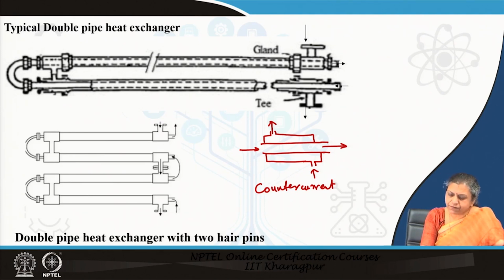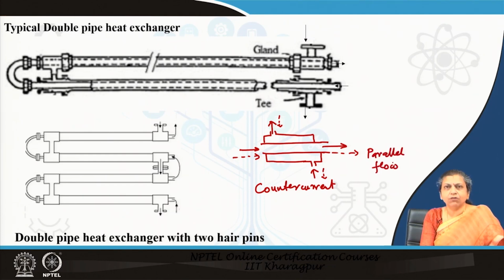You can also have a parallel flow, where both fluids flow in the same direction: one fluid enters from the top and goes out from the bottom, and the other also enters from the top and goes out from the bottom, so that both have the same flow direction. This is known as the parallel flow exchanger. You can also have a cross flow exchanger, where one fluid flows in one direction and the other simply flows in a cross flow direction.